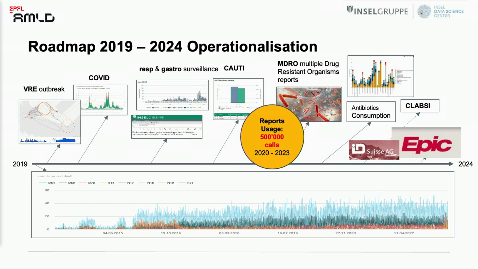So now, briefly, our roadmap. As I mentioned, we started in 2019. Interestingly, the first project I led was a machine learning project for VRE outbreaks, vancomycin-resistant enterococci.